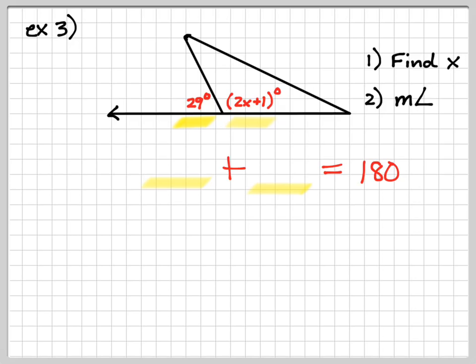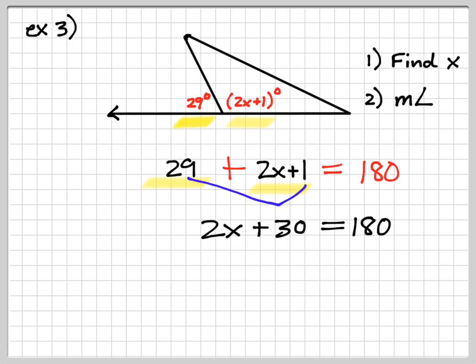Okay, we're going to create an equation. Since it is a linear pair and it's supplementary, something plus something equals 180. And all I have to do right now is plug in the somethings. My first something is 29. My second something is 2x plus 1. And my equation is, when I combine like terms, because I know I can put the 29 and the 1 together, I now have 2x plus 30 equals 180.